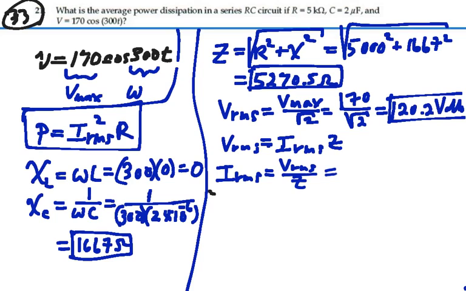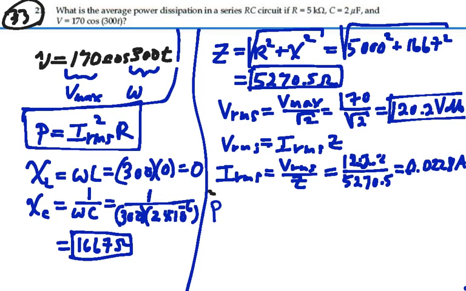So that is going to be equal to 120.2 divided by 5,270.5, and that gives me 0.0228 amps. So that is our RMS current, root mean square.